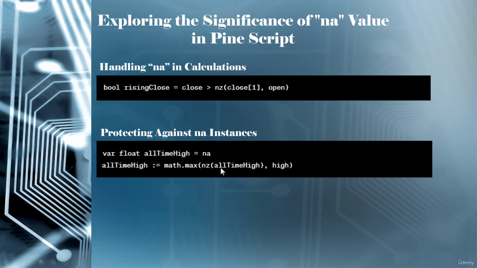And if you use, like in this example, nz with one parameter, and if the parameter, in this case the all-time high variable, is NA, then it's going to return 0 value. So in this case, you are protected. So you're not going to use an undefined value within this math.max function.